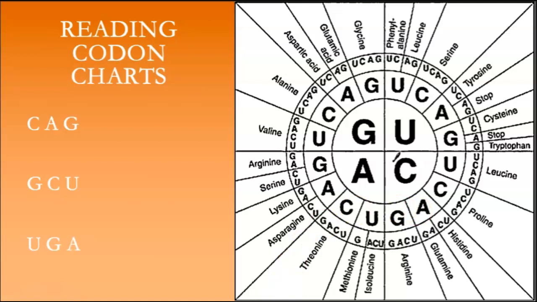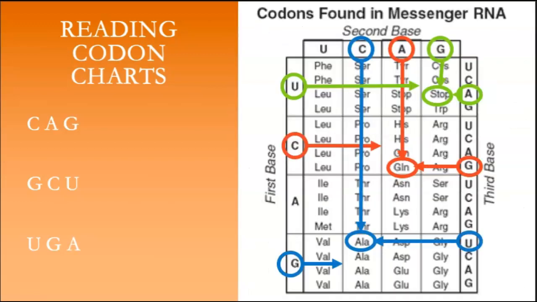If I take a look at CAG, I start from the middle, C, out to A, that's in that quadrant, out to G, and I've got glutamine. A lot of these circular charts show the amino acids on the outside, and they put the entire word there. If we look back at what we just looked at, CAG still codes for glutamine. They're all the same codon chart, but the abbreviation GLN is different than you might expect just from looking at the first three letters. So I just want to put that warning out there.